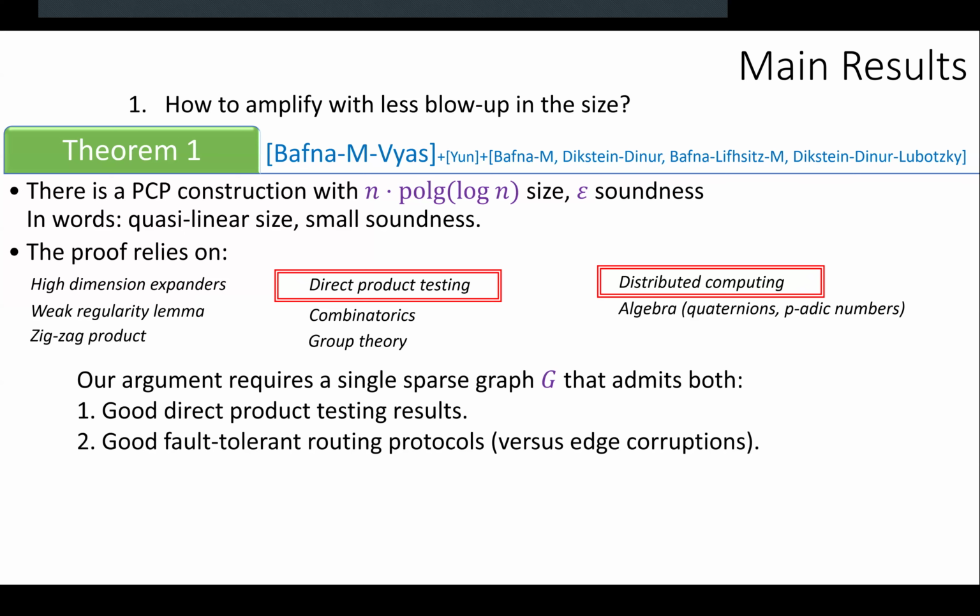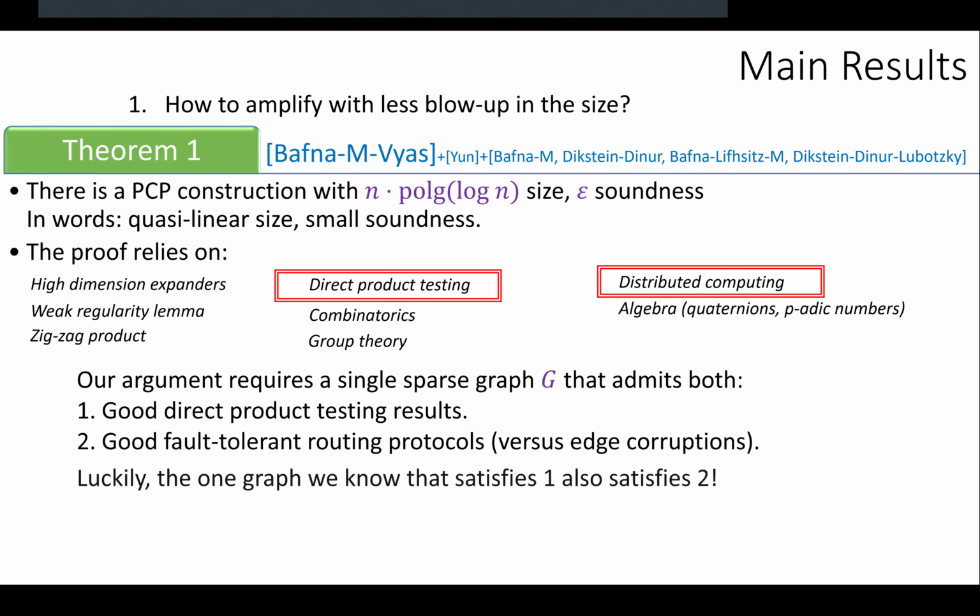So as far as this theorem is concerned, we currently have two requirements from our graph. We need a graph where we have good direct products, and you also need it to support routing, in the sense that I define here. And the situation is a bit lucky, in the sense that we really only want to know one graph that works, and it so happens to be the case that it works.